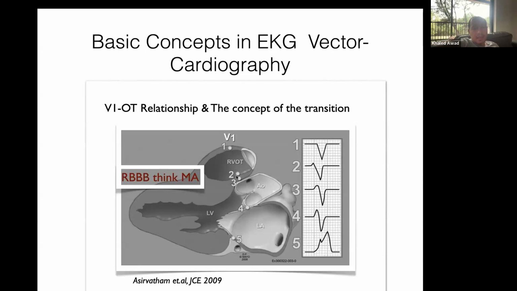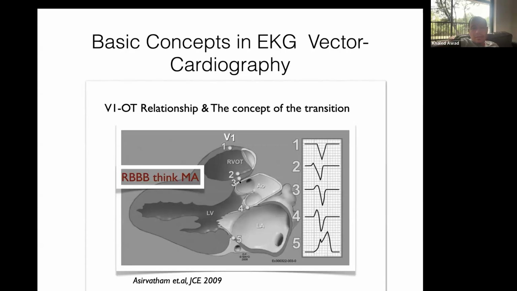V2 is less anterior. So V1 might start seeing a slightly positive deflection, right? Something is going towards V1 and then going away. So V1 would be slightly positive, but then the rest of the deflection would be negative because most of the heart mass is away.